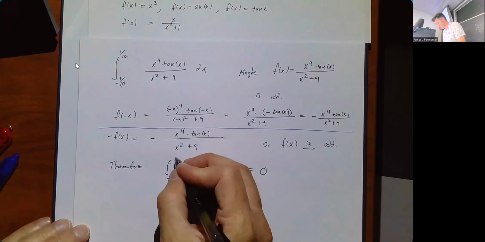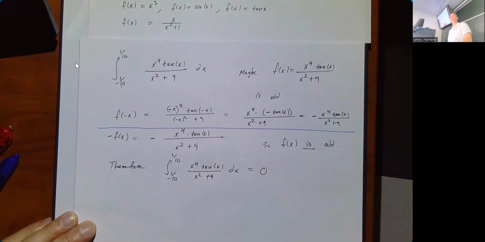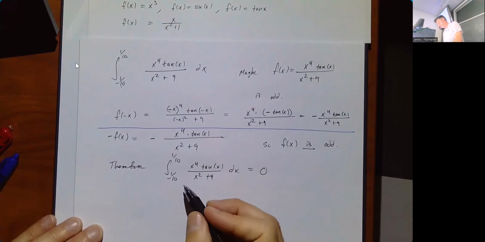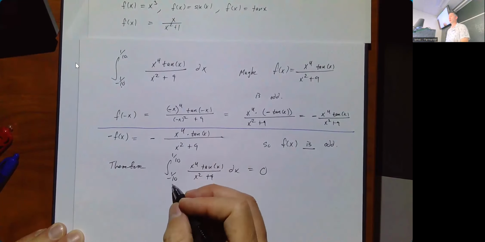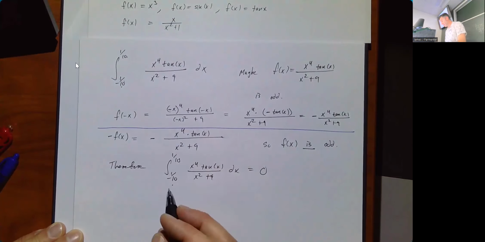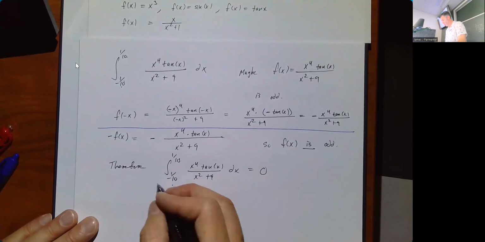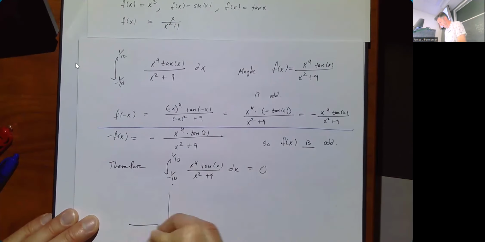In any event, if we make it a defined interval, the issue here is that if you think about the tangent graph, you have vertical asymptotes at -pi/2 and pi/2. So the function starts being undefined. You can't really integrate a function that's undefined on the interval. But if we have a nicer interval where I know tangent is defined, and tangent is definitely defined between -1/10 and +1/10, then we can say that this integral is 0, because this odd function looks something funky like, I have no idea what it looks like.